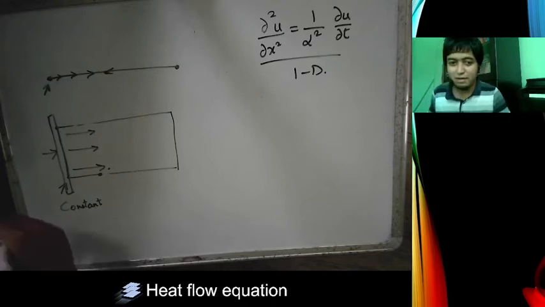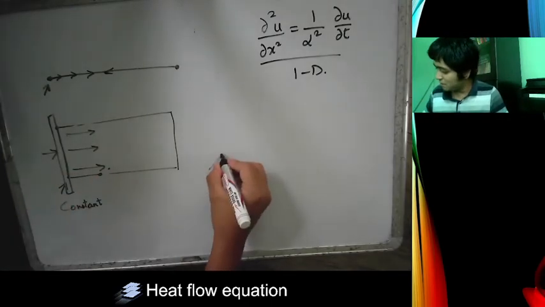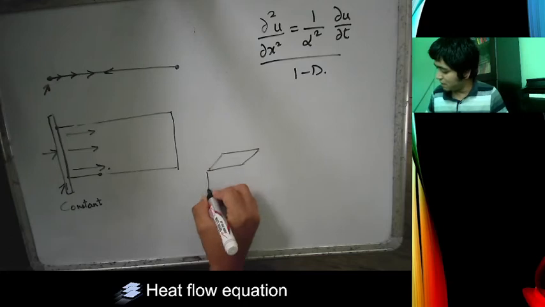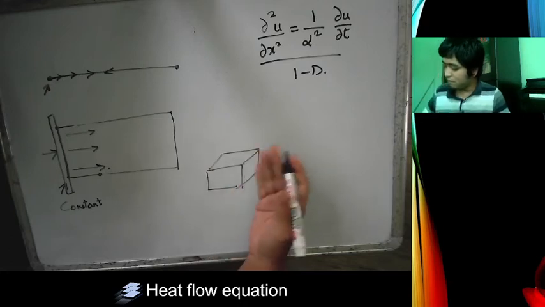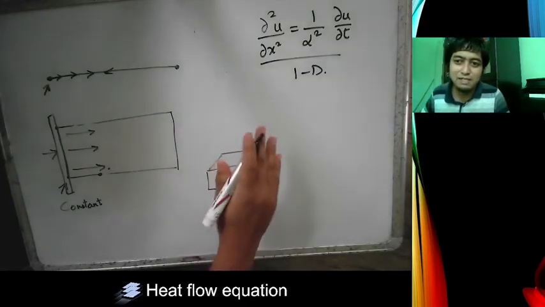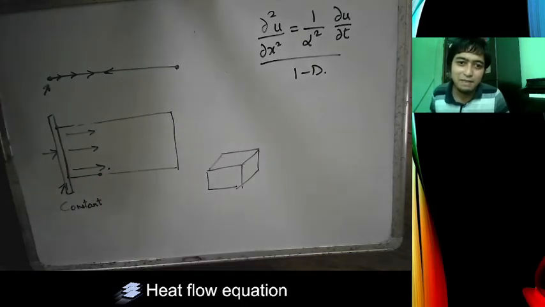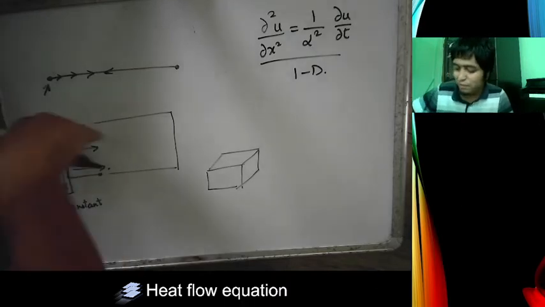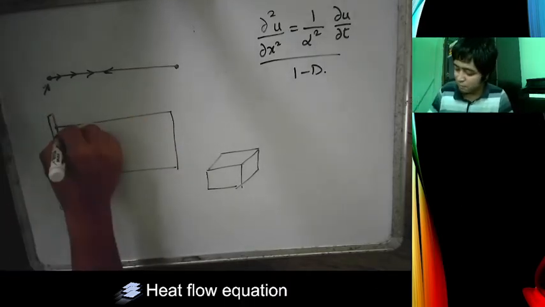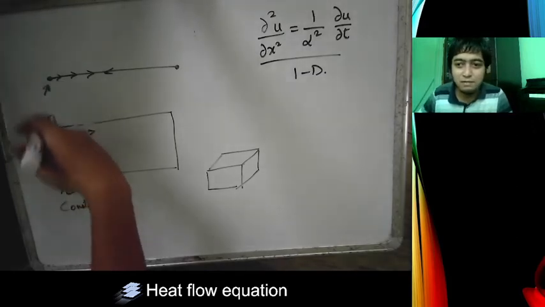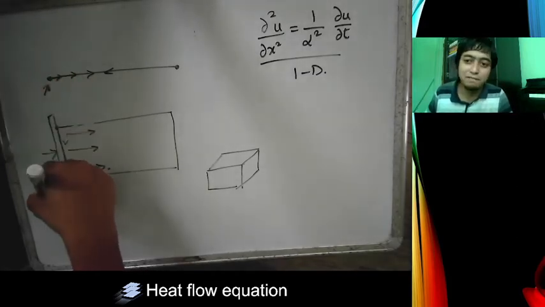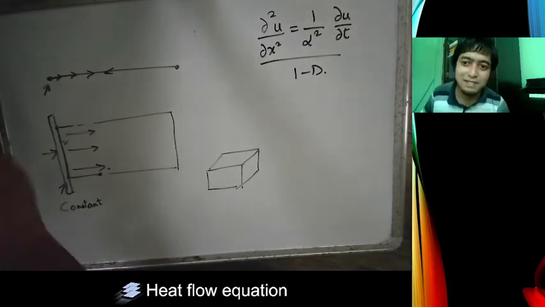Similarly, if we have a box and we heat one whole face at a constant temperature, then in that case also the heat flow will be one-dimensional, because it will only flow in this direction. It cannot flow in this direction because it is the same temperature.